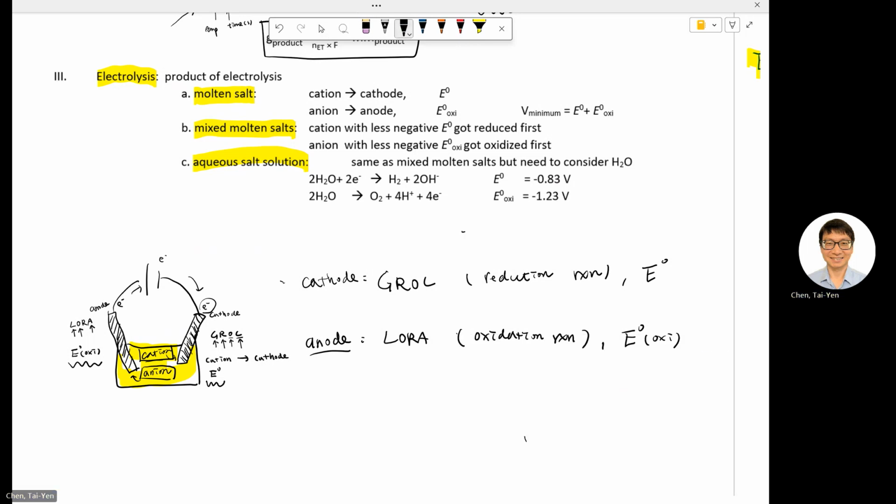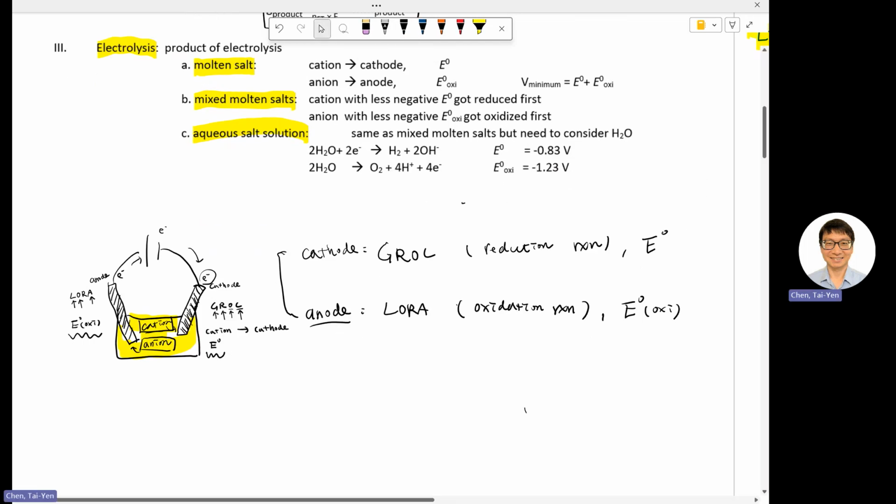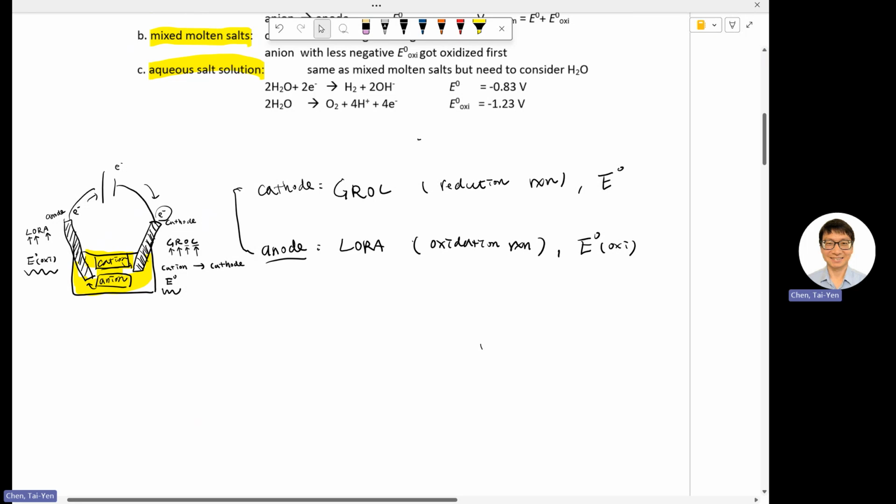All right, for electrolysis, if you have a less negative reduction potential or a less negative oxidation potential, that species will be the first species to be electrolyzed.